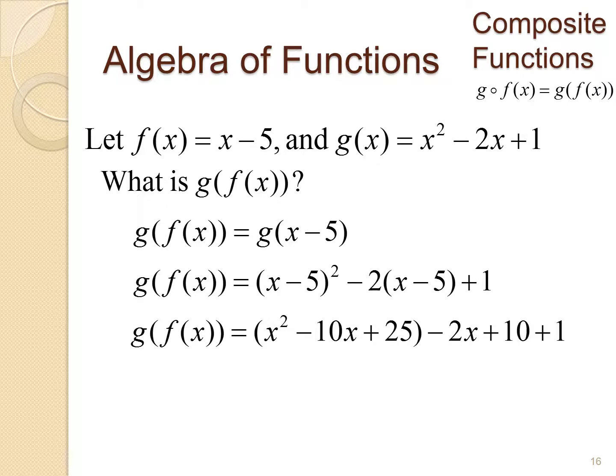Then you distribute the negative 2: negative 2x, and negative 2 times negative 5 is plus 10, and then we add the 1 from g of x as before. So when we're done with this, now we combine like terms. The negative 10x minus 2x is minus 12x, and plus 25 plus 10 plus 1 is 36. So we end up with x squared minus 12x plus 36.